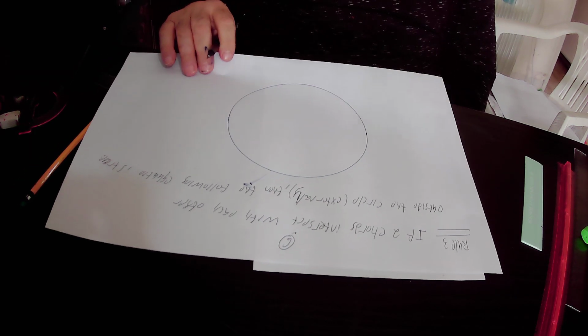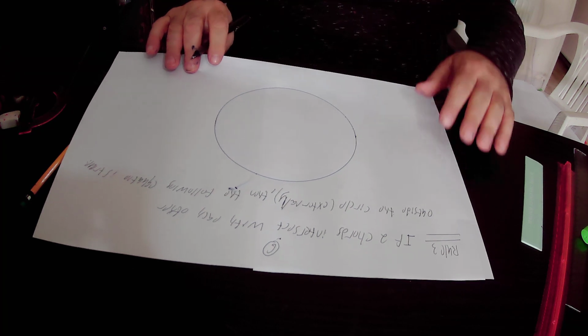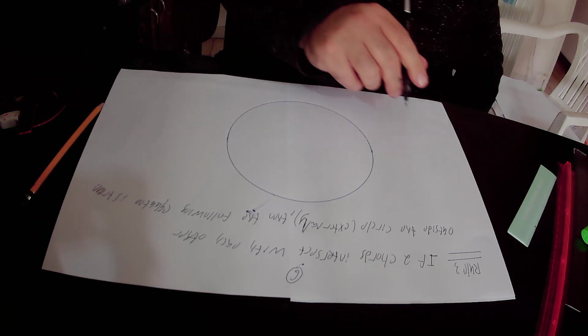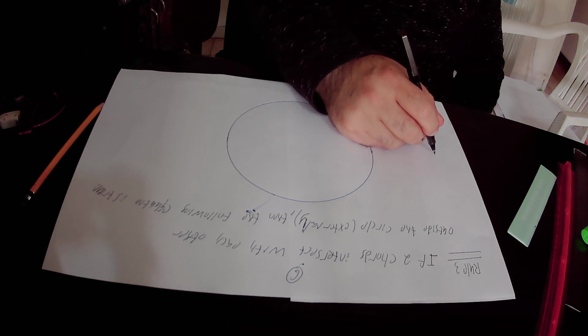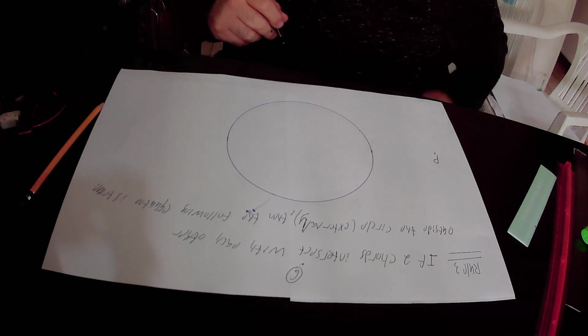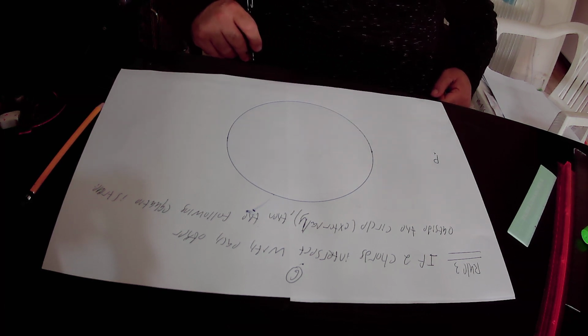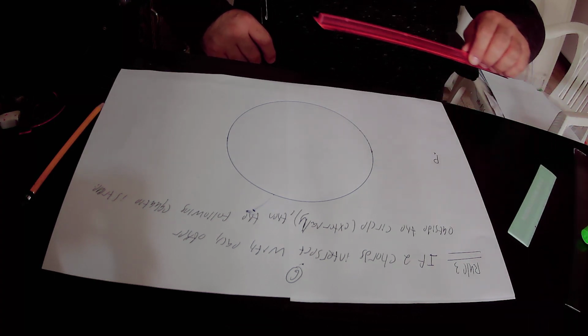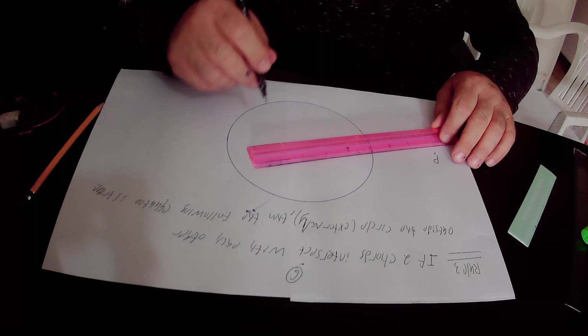So if we have the external point P, and at this point P is the intersection point of the two chords. Okay, point P is the intersection point of the two chords.